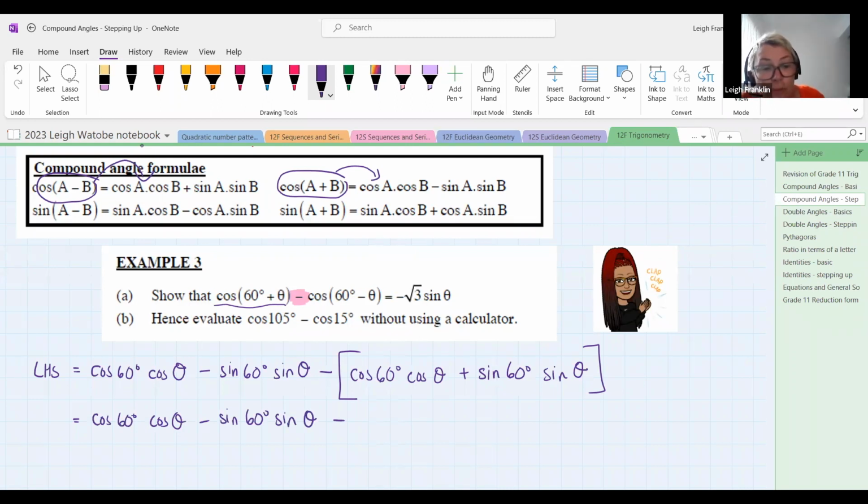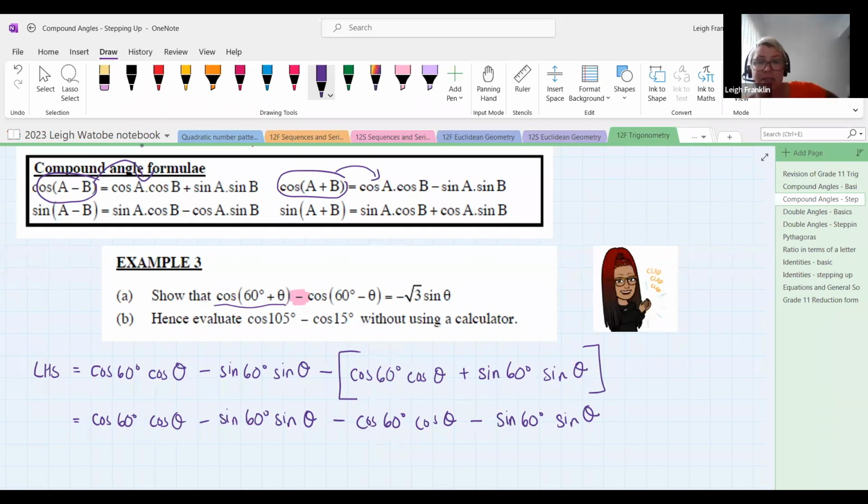So cos 60 cos θ will become negative, and the sin 60 sin θ will also become negative. There we go, brackets are gone.